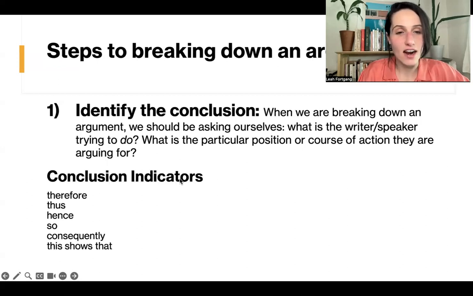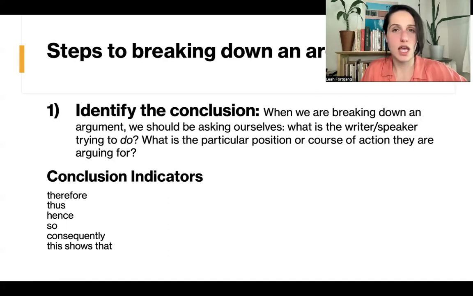One tool that will really help us, which was covered in the readings for this module period, is that we can look for certain indicators in a sentence. When somebody writes out their argument, we can look for certain words that signal when they are telling us the conclusion of their argument.